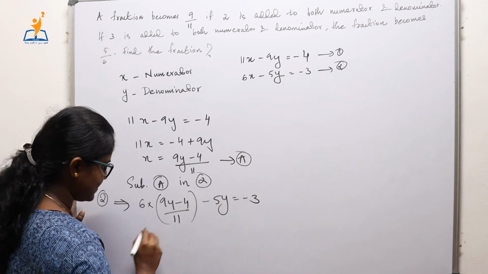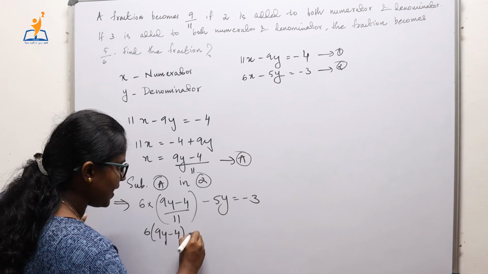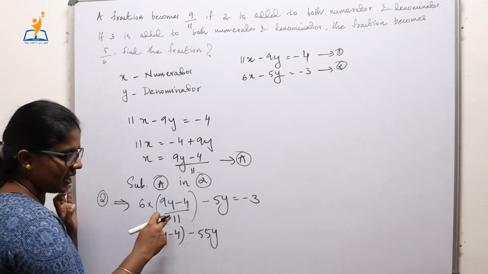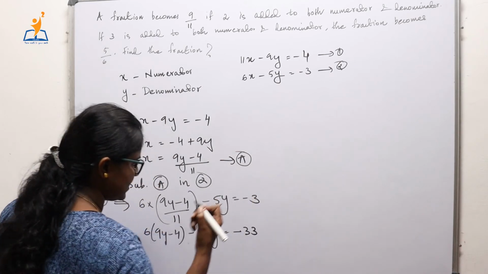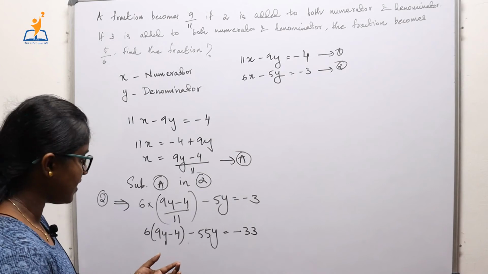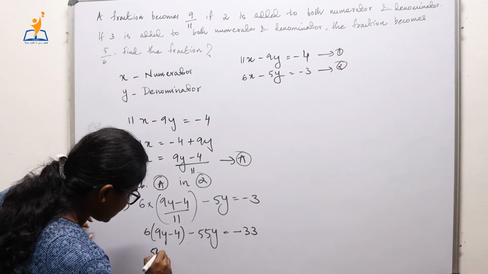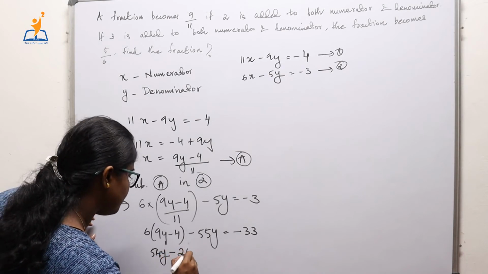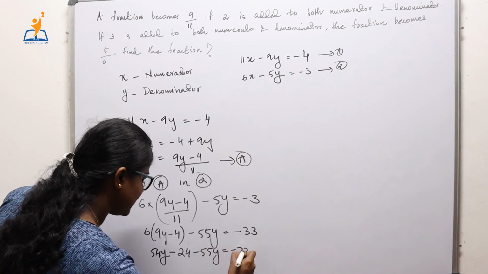Solving this, taking LCM, we get 6 into 9y minus 4 minus 55y, and the 11 which is divided here gets multiplied on the right hand side, so minus 33. Opening the brackets, 54y minus 24 minus 55y equals minus 33.